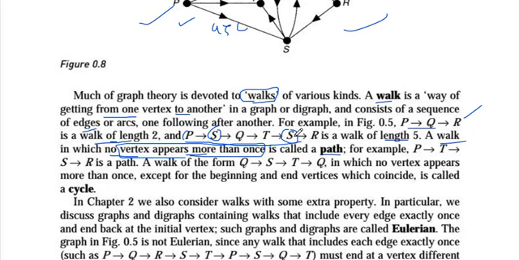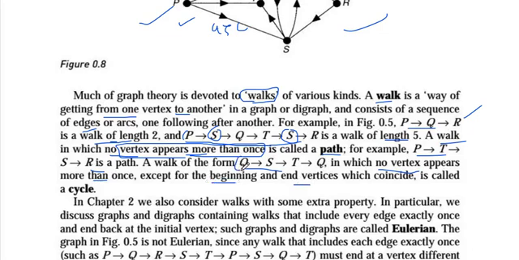The definition of path is that no vertex appears more than once. They have also given PTSR, which is also a path. A walk of the form QSTQ has no vertex appearing more than once except for the beginning and end vertices.